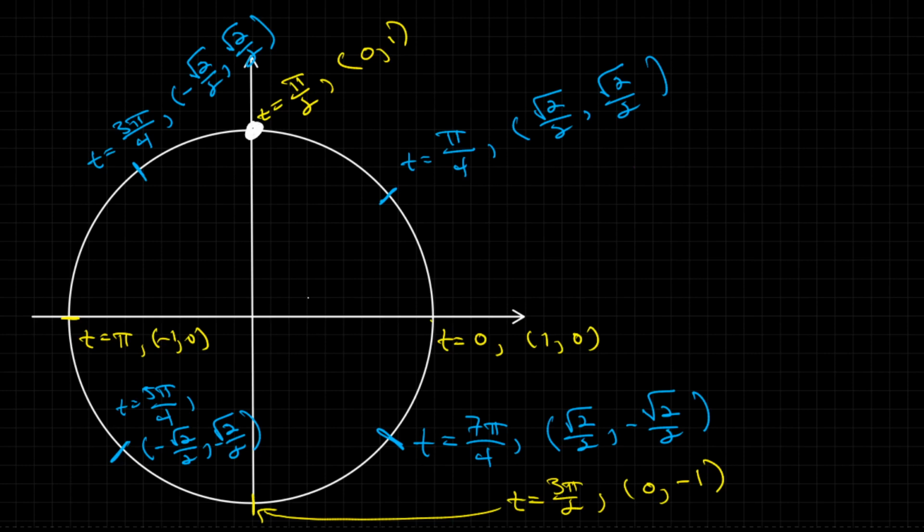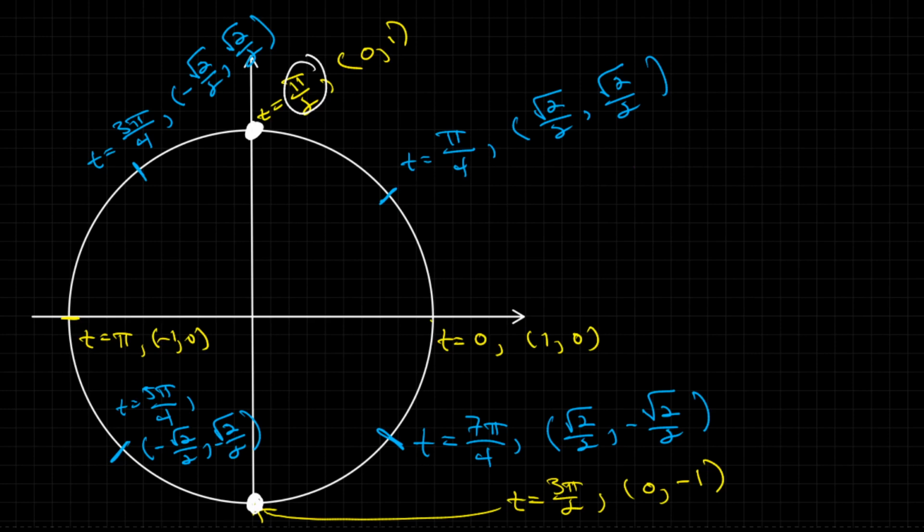Up top at t equals pi over 2, or pi over 2 plus 2 pi, or pi over 2 minus 2 pi, or any angle which lands you at the top of the unit circle and the bottom part of the unit circle. This fact will influence what t-values we choose to put in our table.